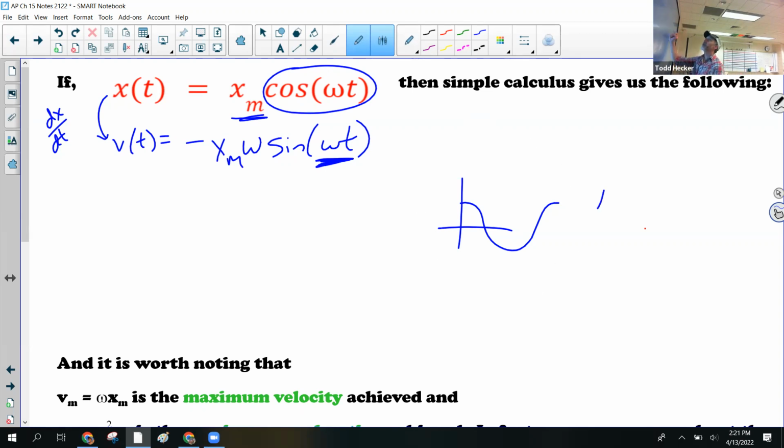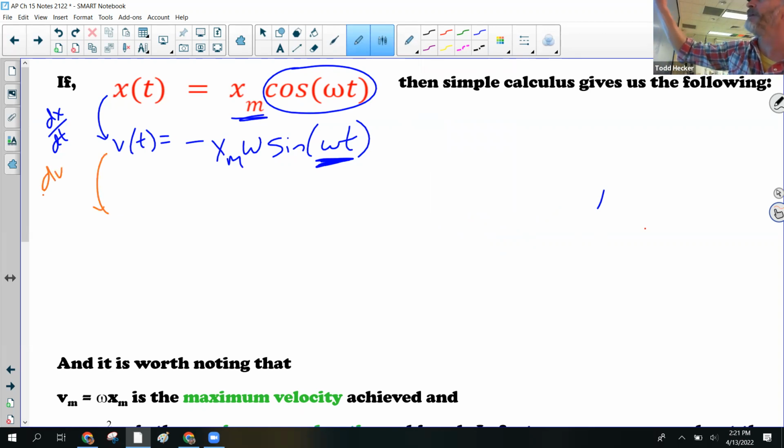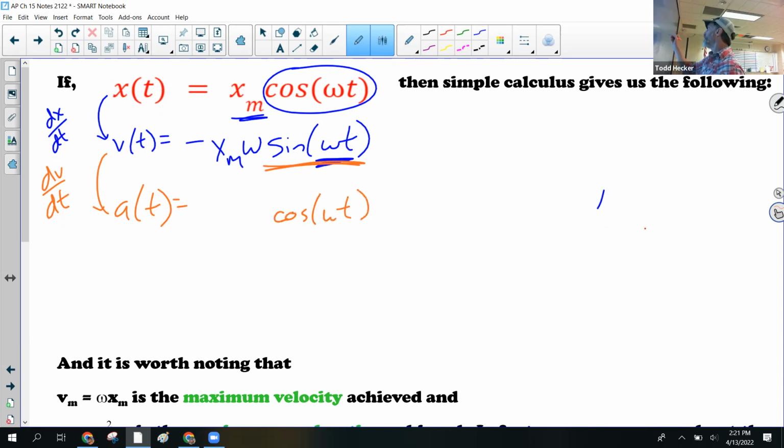Let's take another derivative, this one in orange. Now I'm going to take the derivative of v with respect to time, which gives me acceleration at time t. The derivative of sine is cosine of omega t.